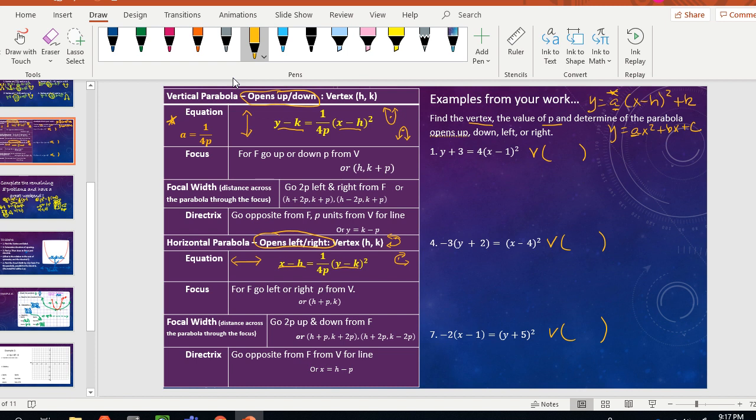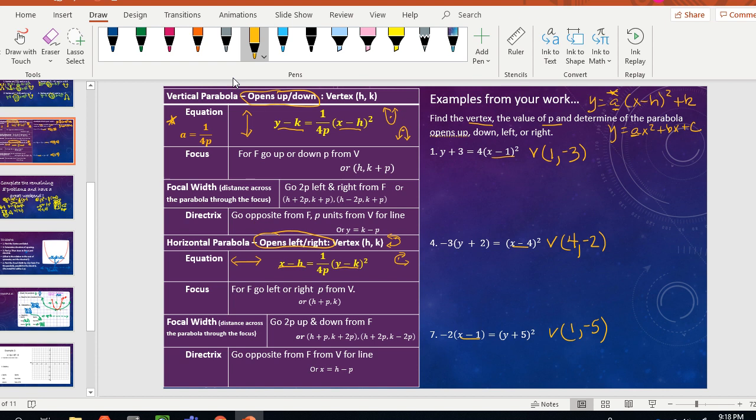So your x value is 1, your y value is -3. Here your x value is 4, notice it's changing sign, your y value is -2. Over down here, the x value is 1, the y value is -5. We have all of our vertices.